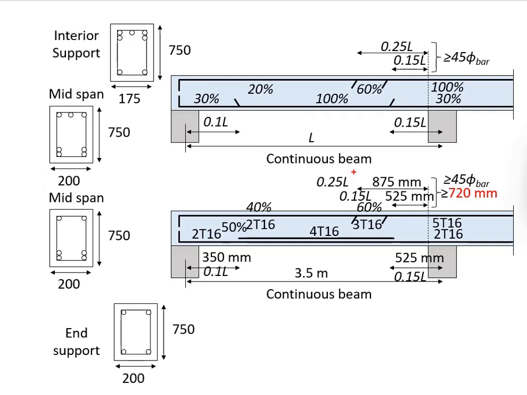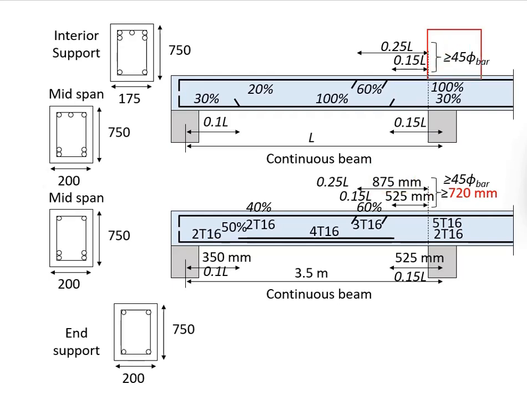And for where the 3T16 ends, it is governed by 0.25L. Get 0.25 times the effective length of 3.5 meters, you get 875 mm.